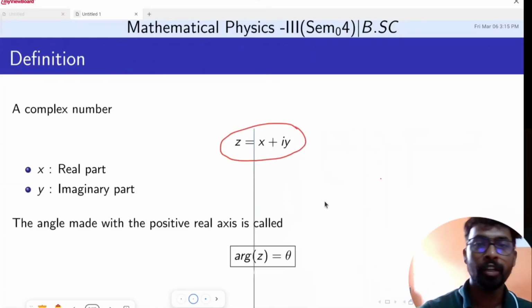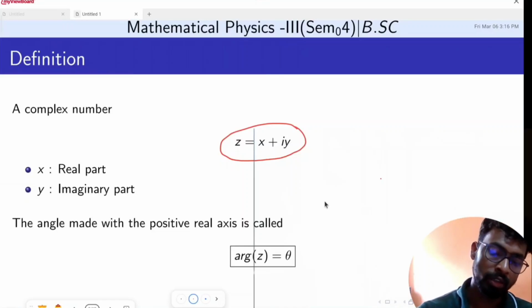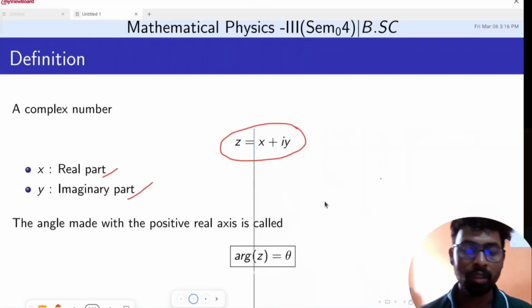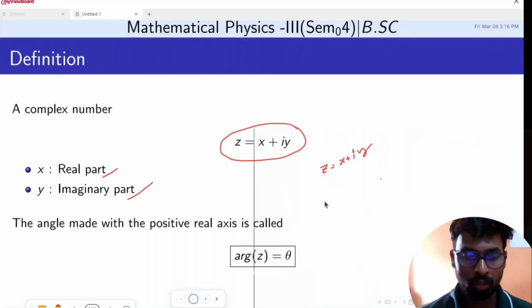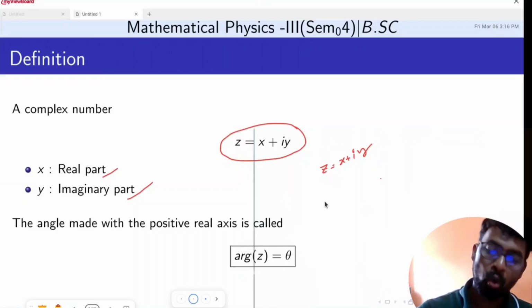Any complex number is represented as z = x + iy, where x is a real number and y is the imaginary part. It is also a real number but comes with the imaginary unit. From the complex number z = x + iy, the angle made with the positive real axis is basically called the argument of this complex number.